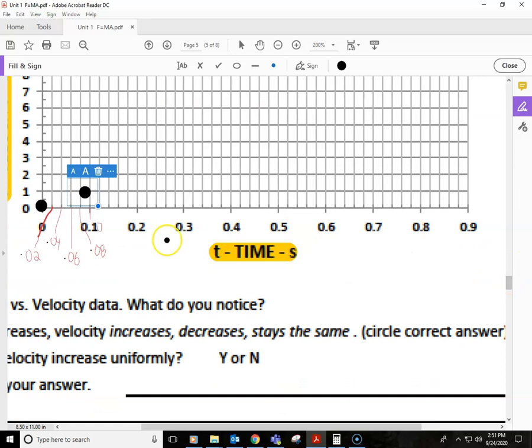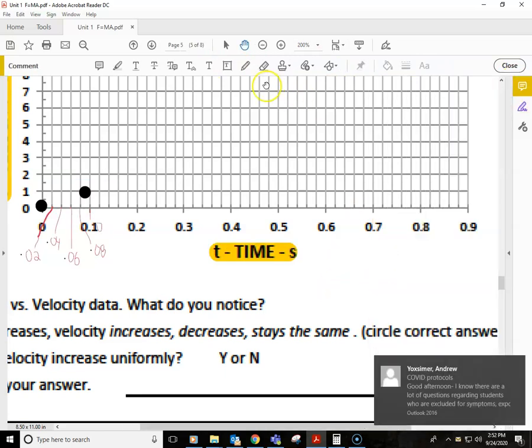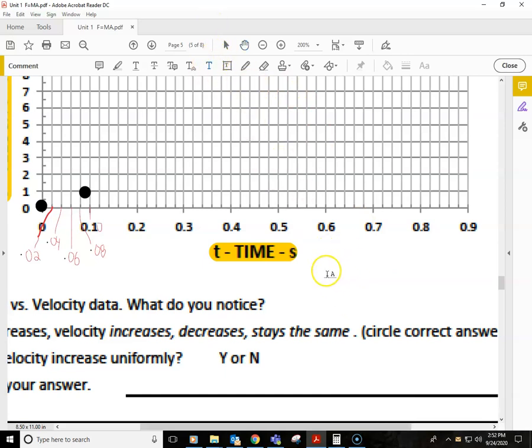Let me write that down again. 0.174 and 1.72. So the time was 0.174 seconds. The velocity was 1.72 meters per second.